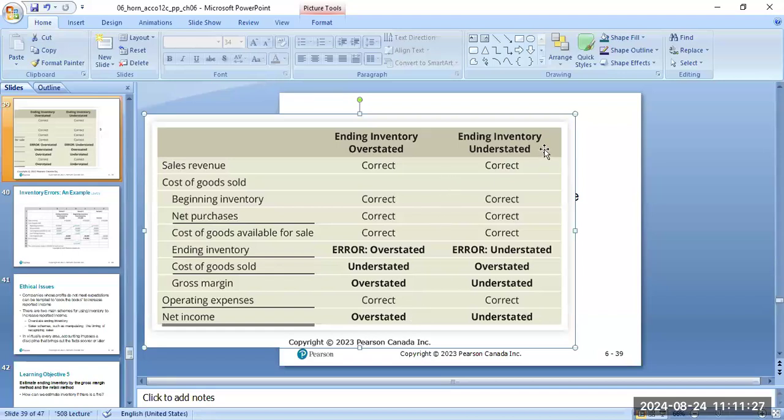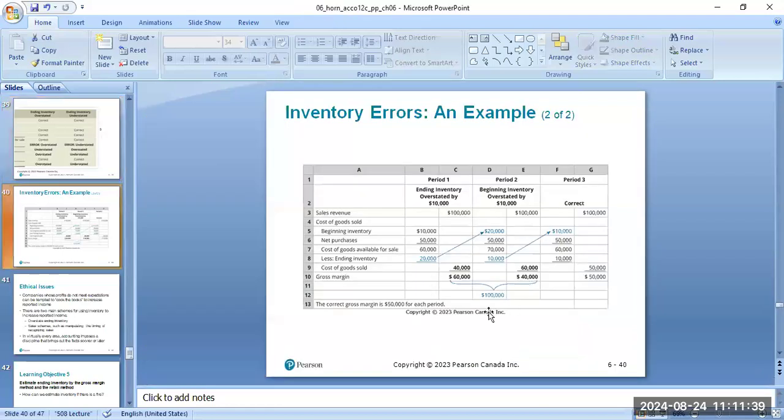If the ending inventory is understated, then the cost of goods sold will be overstated. That's going to understate the gross margin and understate the net income. And that's how everything is going to flow from one period to the next period.